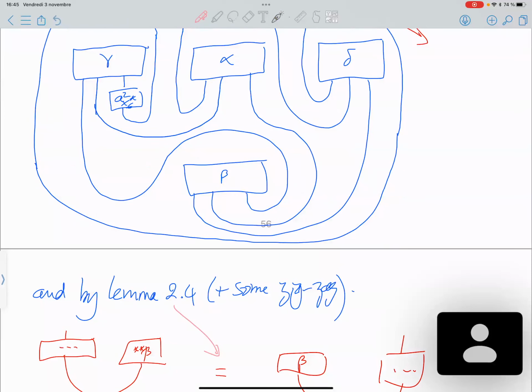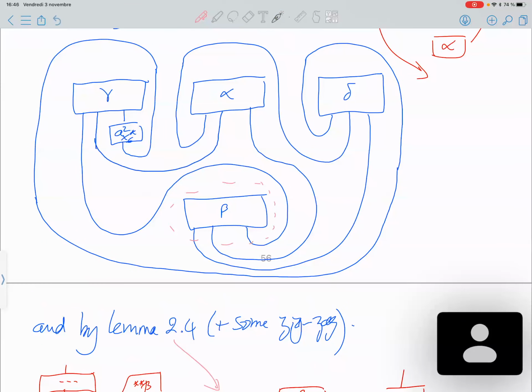So this block and this block. So this block moves here and here. We are doing like that. And here up to here. Okay. And you can put this one. So you have these two blocks.